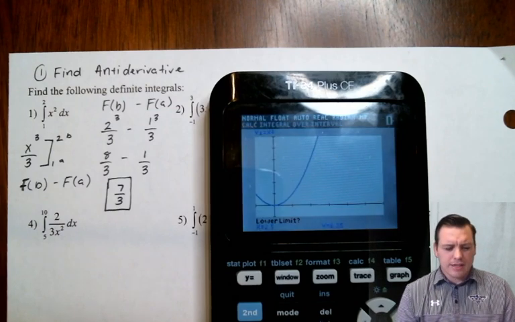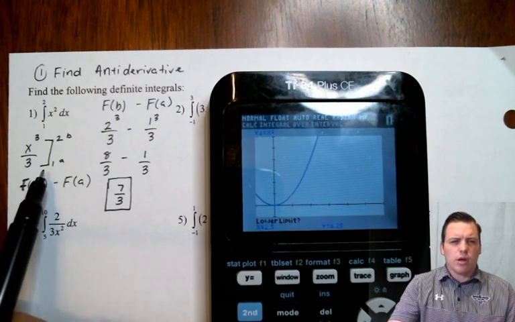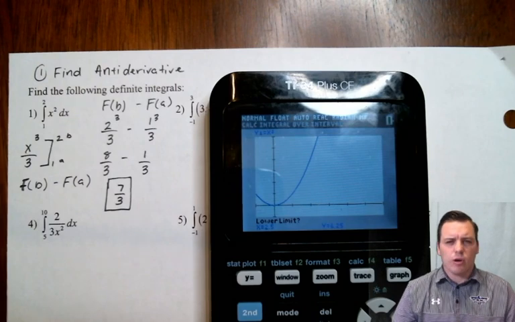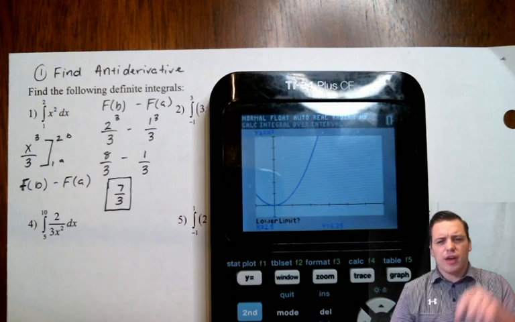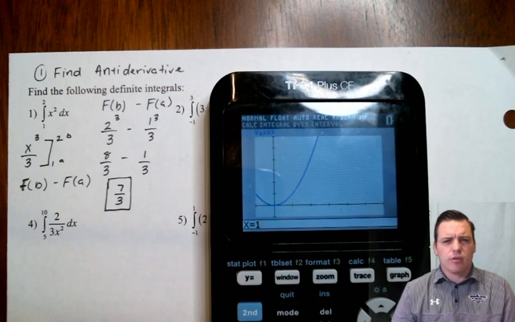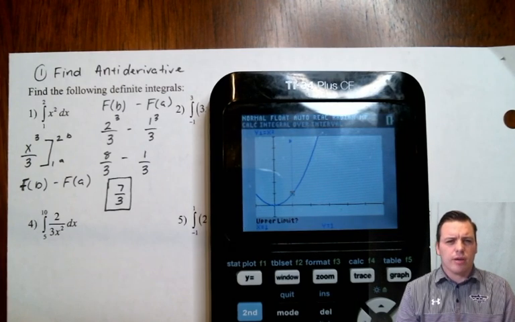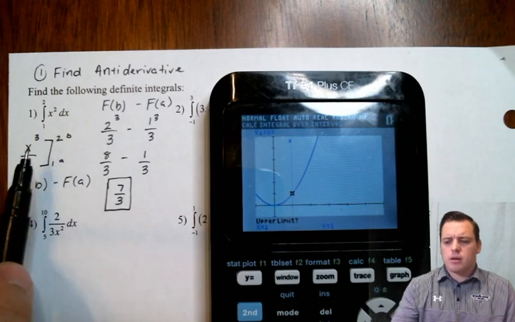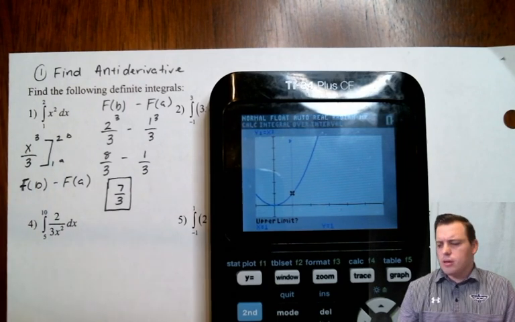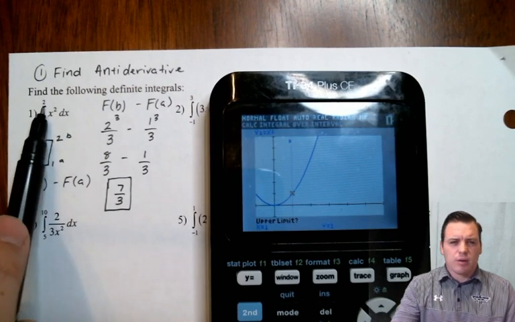Now, notice what it asks you. It says, what's your lower limit? Well, our lower limit is 1. So we're going to just type in 1. You could trace to it on the graph, but just hit 1, and that's so much easier. Hit 1 and hit enter. So that's our lower limit. And then what's our upper limit? Our upper limit is 2.